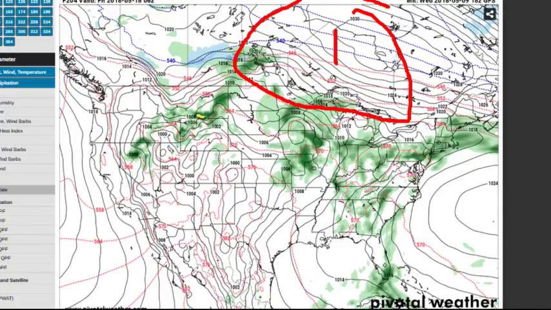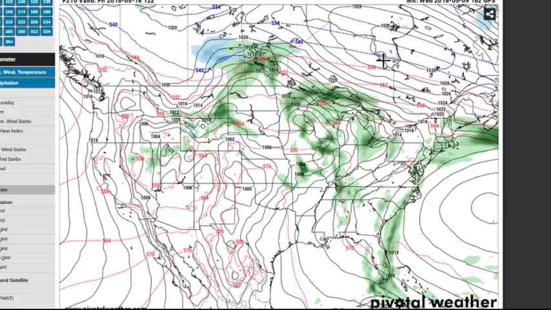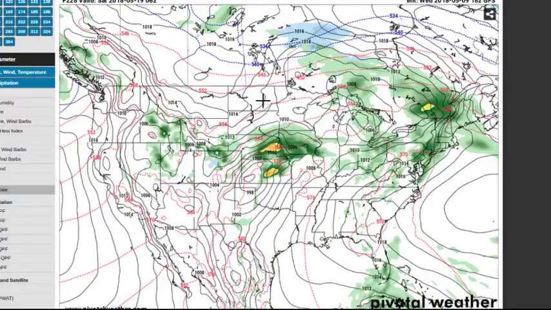On the 18th, we've got a big high up there in Hudson Bay, driving cold air southwest once again. So the fronts are looking a bit like that right there. And then going into the weekend, looks like another push of cold air coming south.